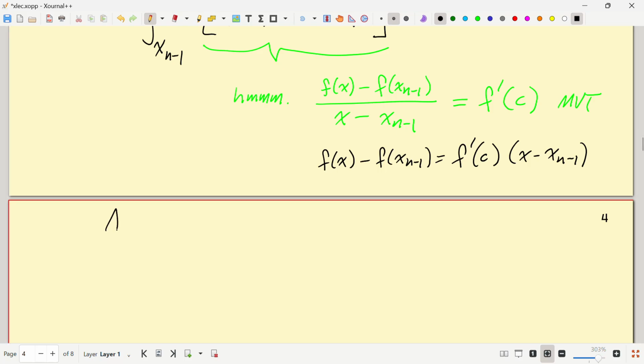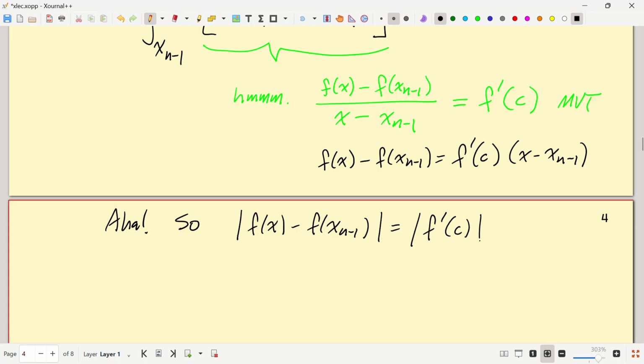So the absolute value of f of x minus f of x_{n-1}, that would be f prime of c times x, well, x bigger than x_{n-1}.